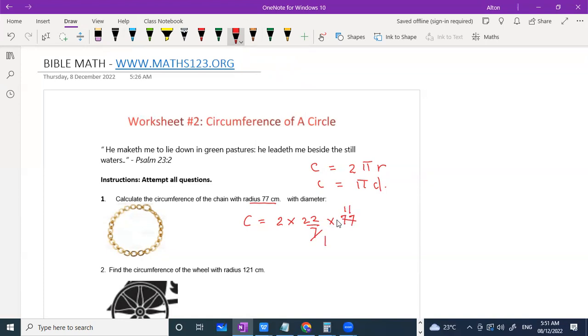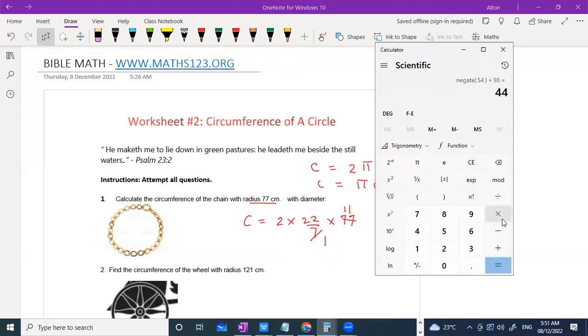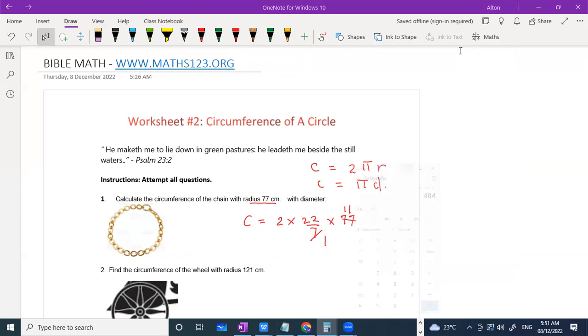And we can now multiply 2 by 22, which is 44, by 11. So let's work that. 44 multiplied by 11 gives us 484. So 484 centimeters will be the circumference of this chain right here. Keep it up. Well done, well done, well done.